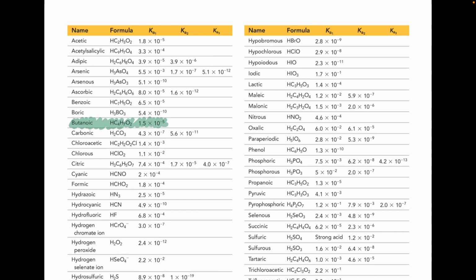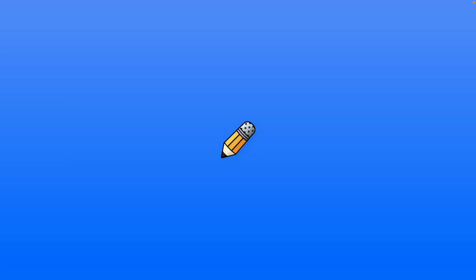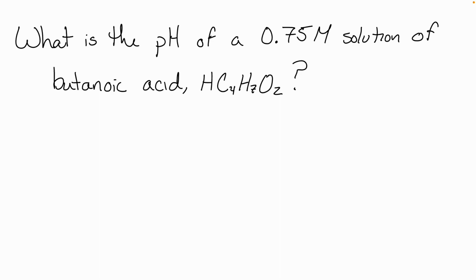That would be 1.5 times 10 to the negative 5. That's the Ka value that I'm going to need. So we can just make a note: Ka equals 1.5 times 10 to the negative 5.